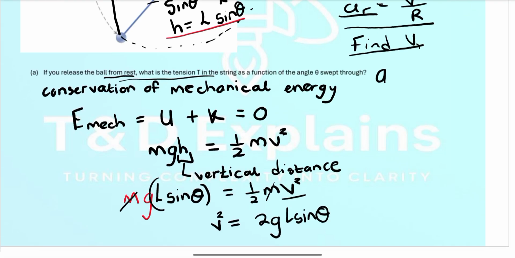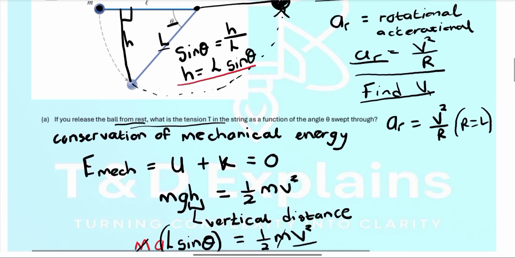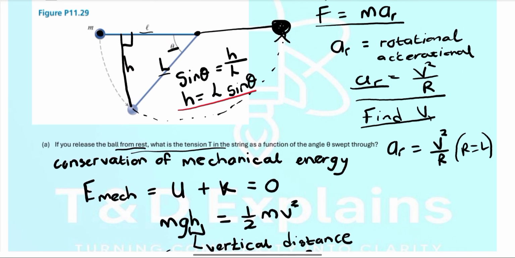So now we have our rotational acceleration. The formula is v squared over r, in which r equals the length. In this case, radius is expressed by the letter L from our diagram.